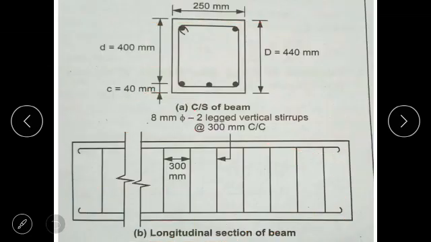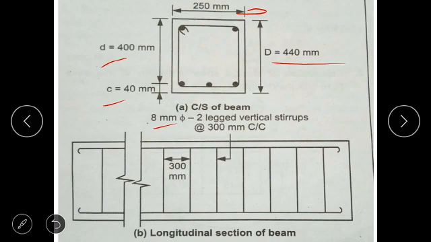So the beam width is 250 mm, overall depth is 440 mm, effective depth is 400 mm, and cover is given as 40 mm. In the diagram of the longitudinal section of the beam, the required shear reinforcement uses 8 mm diameter two-legged vertical stirrups.